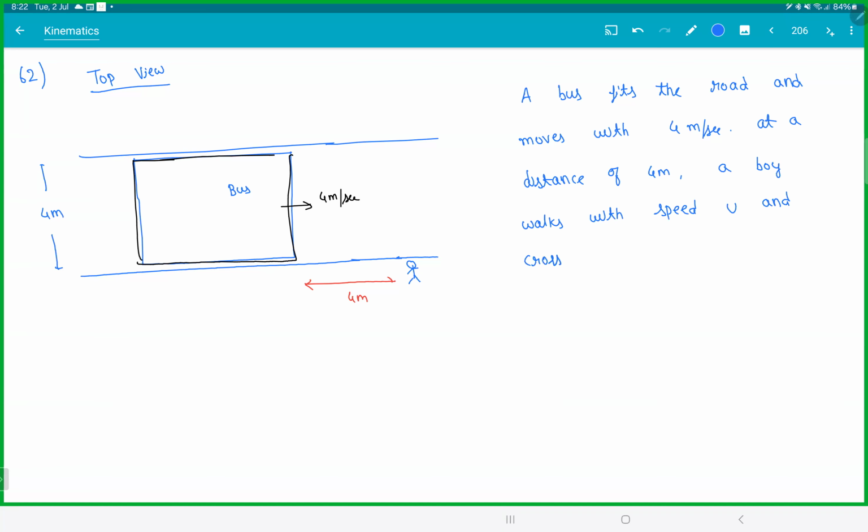Obviously, we want him to be safe. So the question is, if he runs really fast, there's no problem. But there's a critical value here. Find u minimum so that he crosses safely. He can run with 100 meters per second, so he'll just go off like this. But if he starts walking with 1 meter per second, he will die. Try.